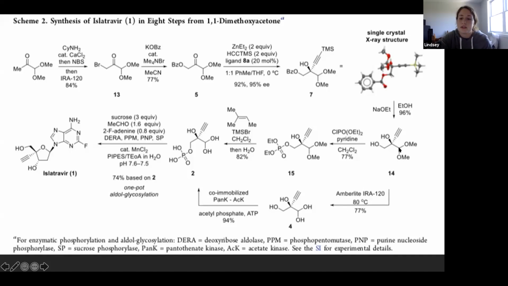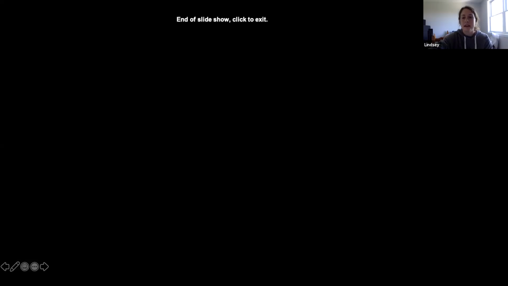And they do that to make these into alcohols. And then this compound 4 is also supposed to be an aldehyde again. And then what they use is PANK and ACK, which are 2 enzymes, and ATP to selectively phosphorylate this alcohol. And yeah.